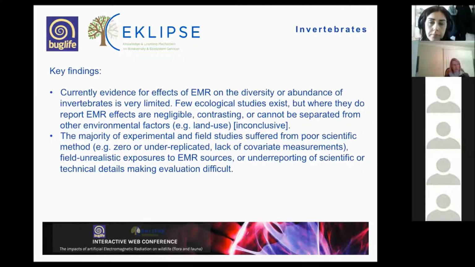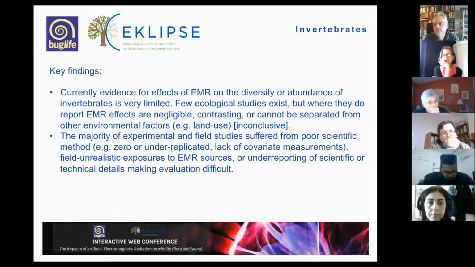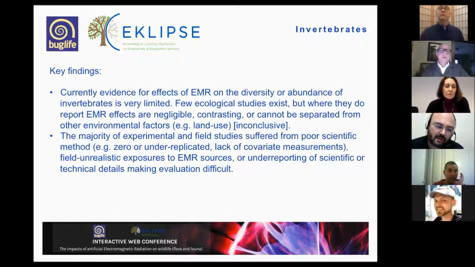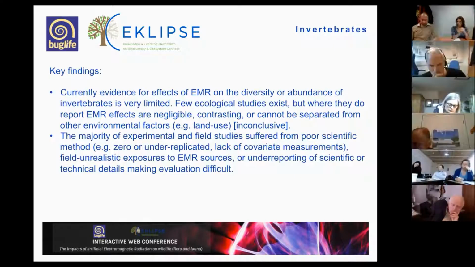So it seems to be contradictory, but our take was that maybe underground nesting insects are protected, at least the developmental stages of the larvae are protected from the EMR, and maybe they actually take advantage of lower levels of other competitors, which might make them more abundant.